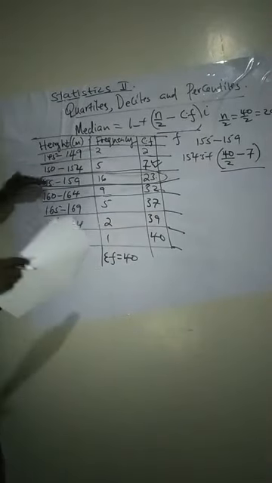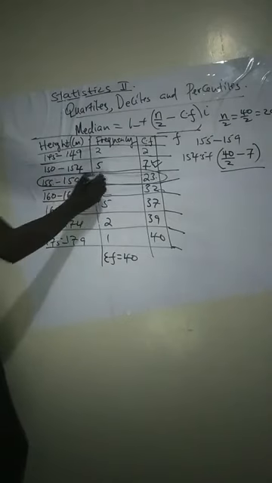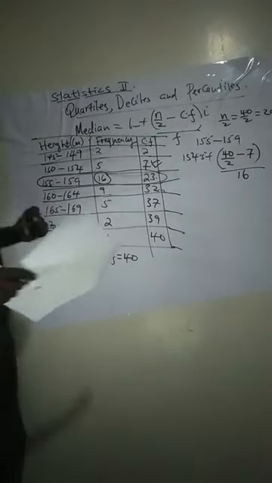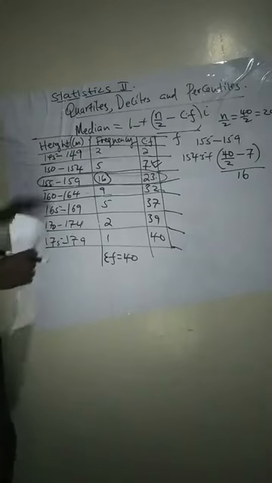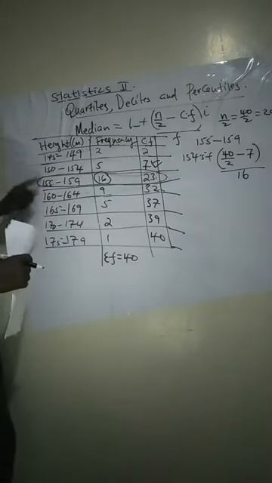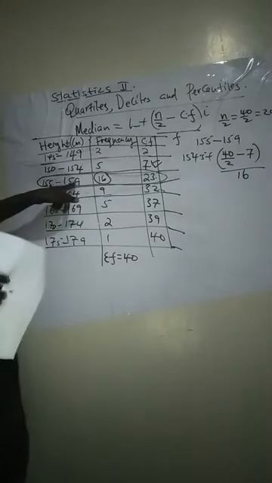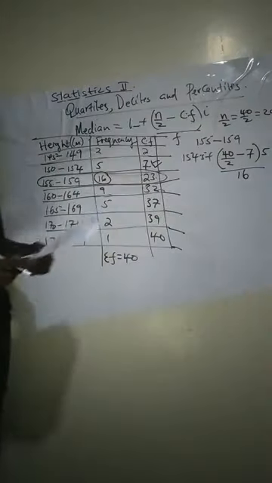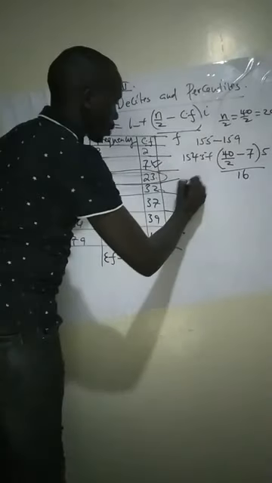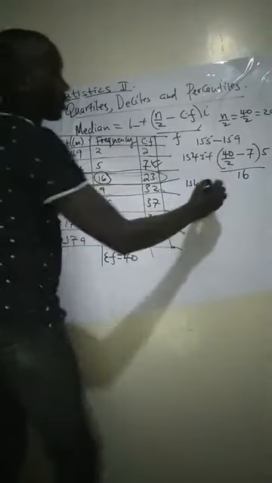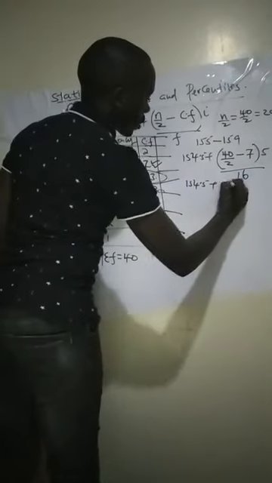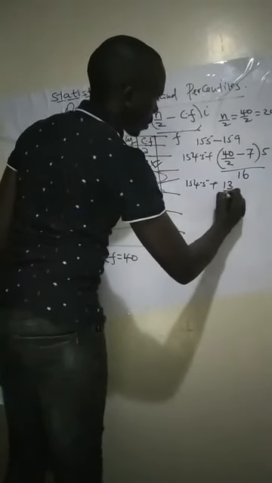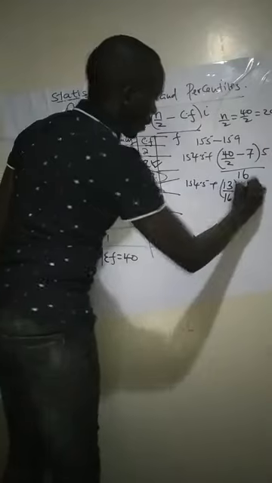The median class is 155 to 159, so you count from 155 to 159, which gives you a class interval of 5. When you simplify this, you should get 154.5 plus 20 minus 7, that is 13 over 16 times 5.